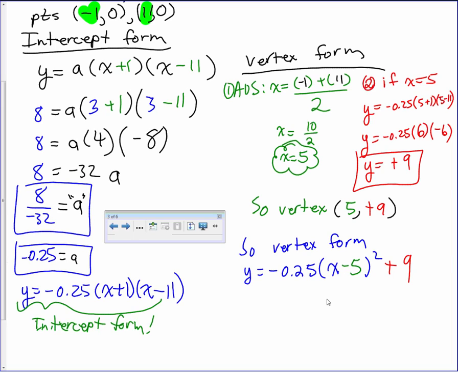So we've done the intercept form, we've done the vertex form, and finally, I think we may have to do the standard form. Maybe. But for the standard form, all you have to do is expand the vertex form and you're done.